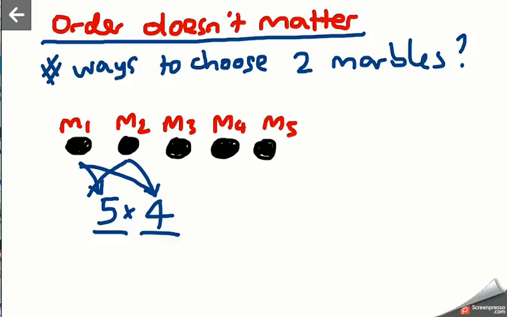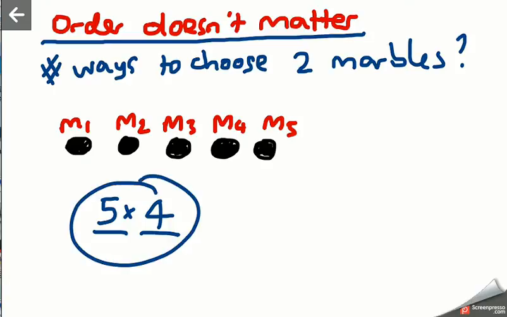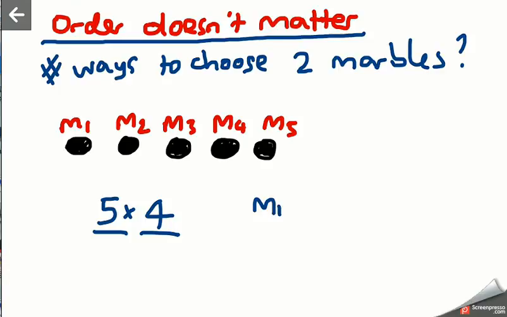Both of those are counted as different choices, even though under both I would end up with marble 1 and marble 2. So I want them to be counted as the same choice. I don't want them to be counted as different choices.